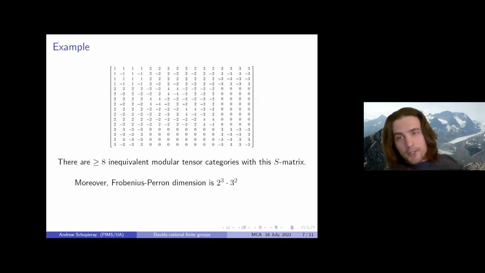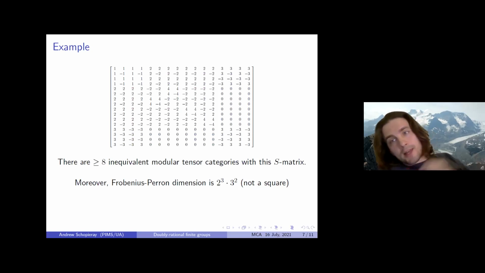Moreover, just as a very quick proof, one of the rows or columns of this S matrix consists of positive numbers, in this case, positive integers. These correspond to Frobenius-Perron dimensions of the objects. And if we add up the squares of all these, in this case, we get 72. If you didn't notice, that's not a square. And these doubles of finite groups, their dimensions are always the square of the order of the group itself.